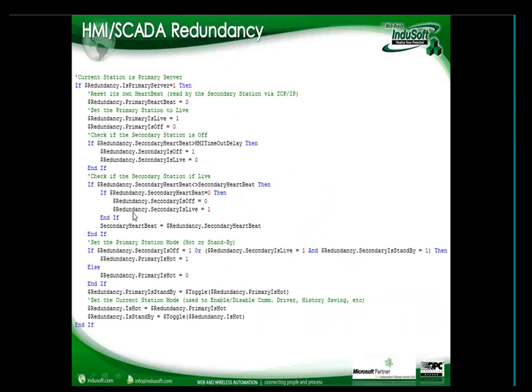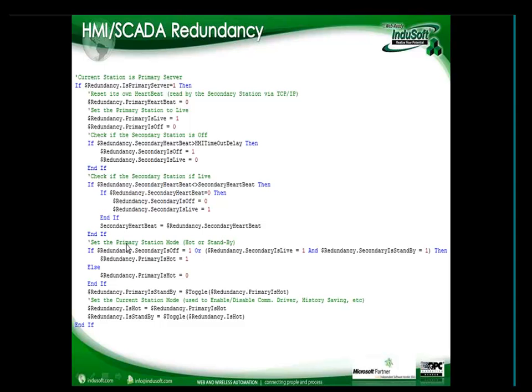And this is one example of a script that executes just what we described. So I check here if this station is the primary station. If it is the primary station, I reset the heartbeat. I set my local station to live, so it's not off. I check if the remote station is off, seeing if the heartbeat is greater than the timeout. I check if the remote station is live, checking if the heartbeat went to 0.